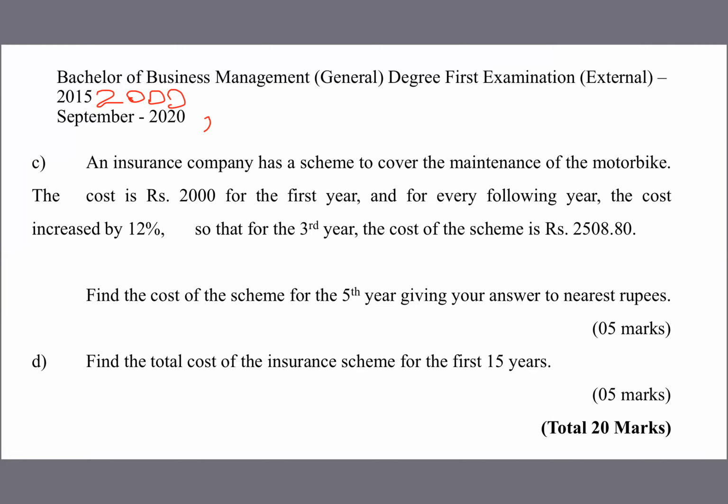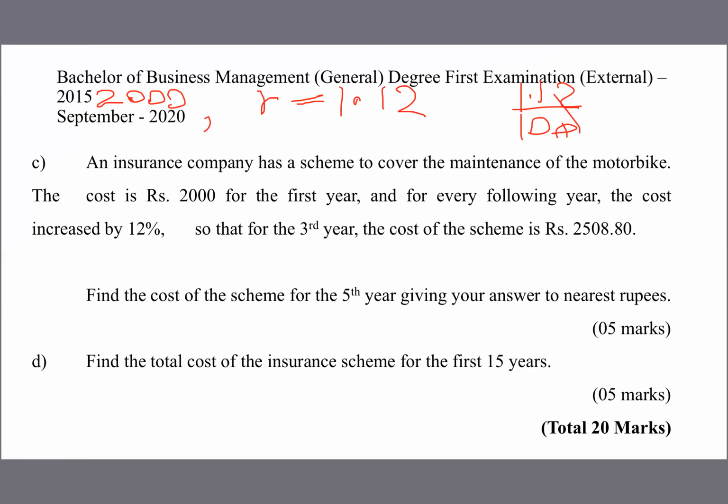Now you can know again increase by, that is again the geometric series, no? Geometric series. Then the R becomes 1.12, and it starts in the fifth year, right?